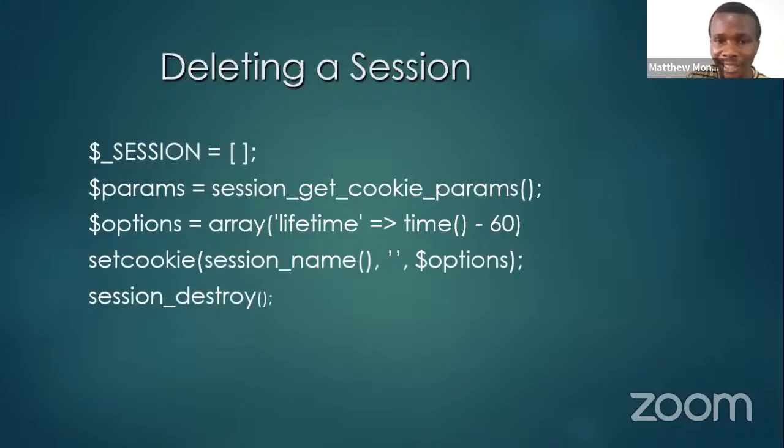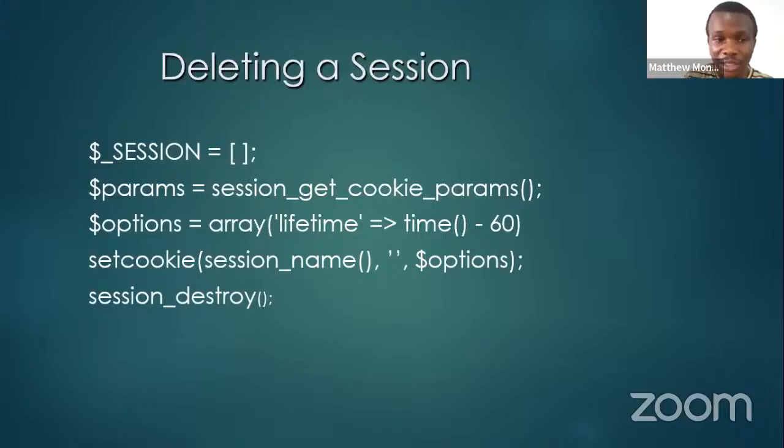But when you want to expire or delete the session, you need to set the lifetime to a time in the past, like -16. When it is passed to the setcookie function, it enables it to destroy the session automatically.